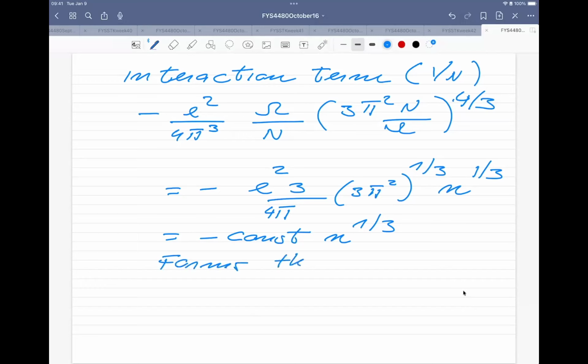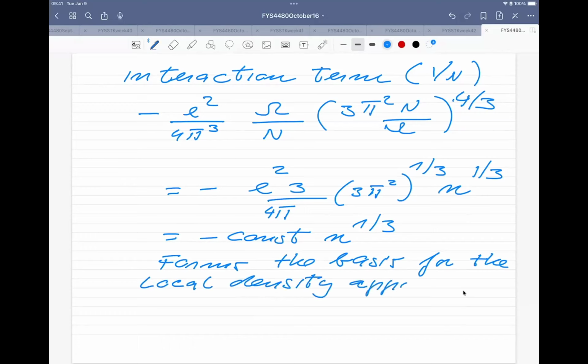and we are coming back to that, forms the basis for the local density approximation, or the LDA. And then we need to derive the local density approximation. And this is something which we will do most likely tomorrow.